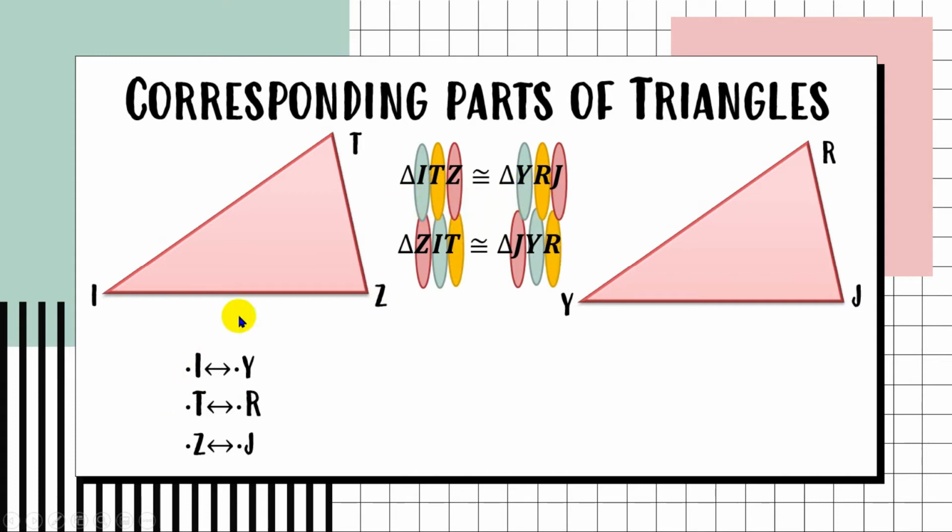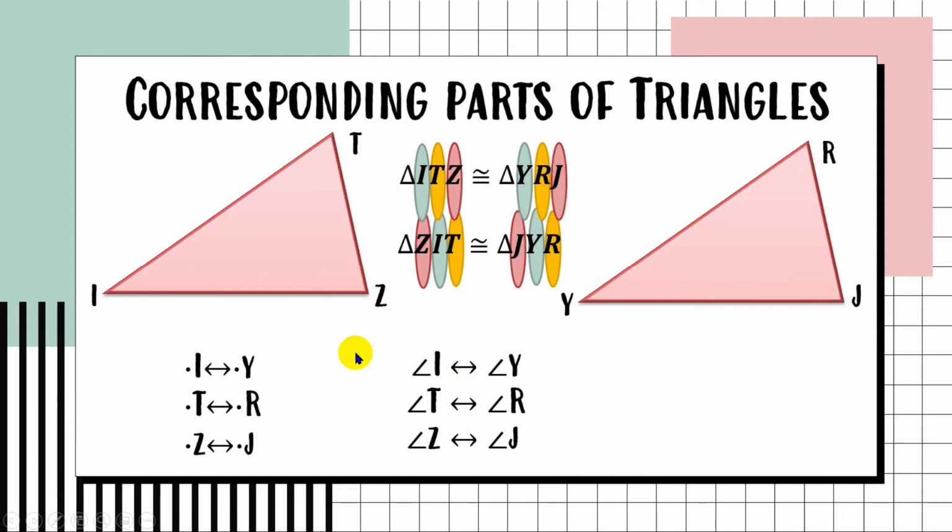From these corresponding points, we can get the corresponding angles. Angle I corresponds to angle Y. Angle T corresponds to angle R. And angle Z corresponds to angle J. Angle I, angle Y, angle T, angle R, angle Z, and angle J. Again, it is important that we are clear on the corresponding parts using the names of the triangles.